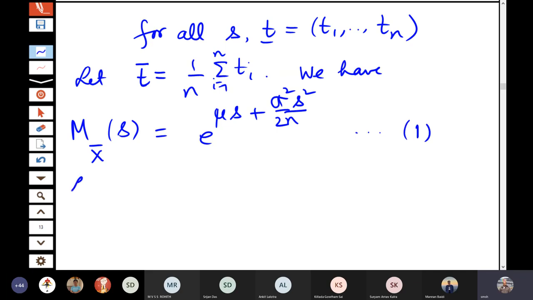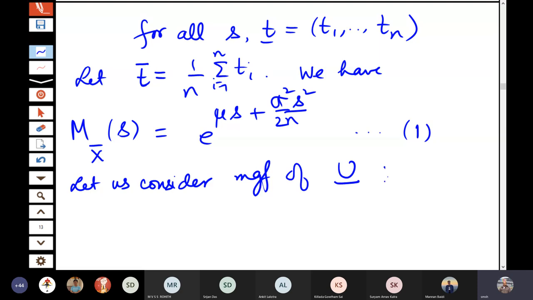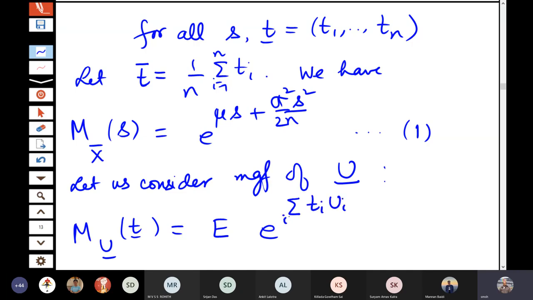Now let us consider the MGF of u, that is u1, u2, ..., un. That is the expectation of e to the power sigma ti ui, i equals 1 to n.